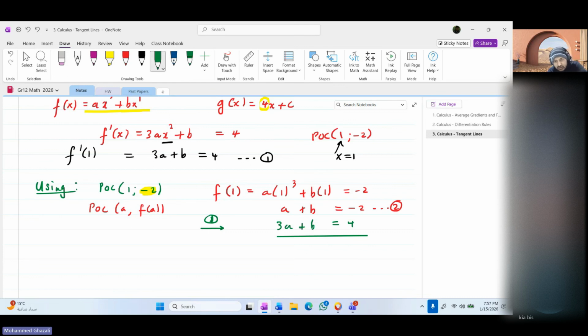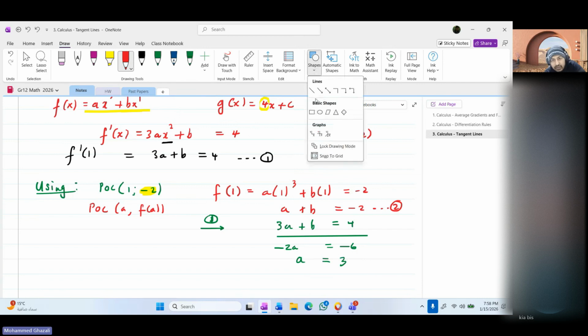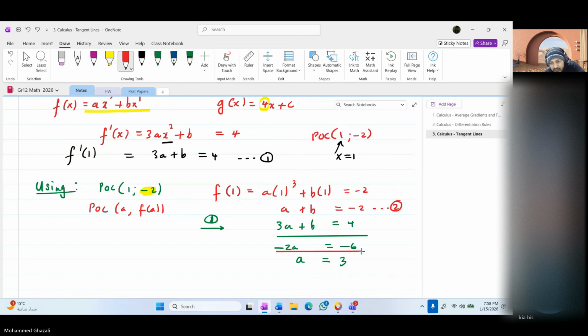Now if you subtract both the equations, b minus b cancels out, so a minus 3a is minus 2a. -2 minus 4 is -6. So a is equal to -6 divided by -2, which is 3. So the value of a is 3. So what's the value of b? a plus b equals -2.